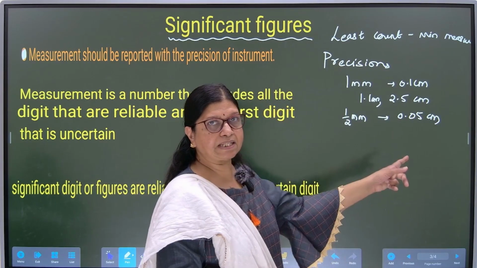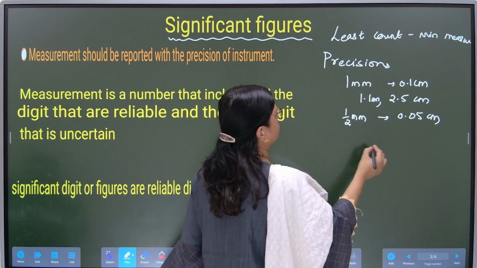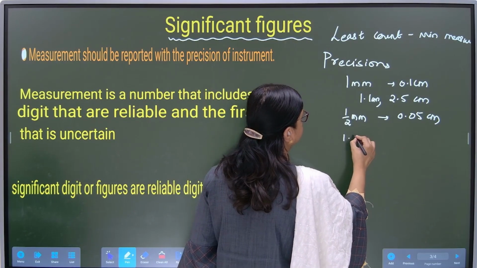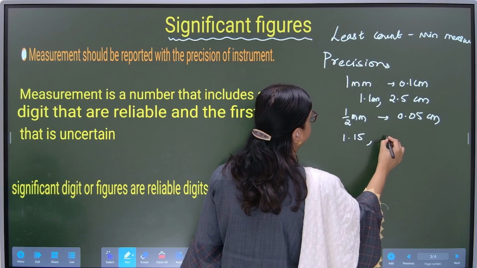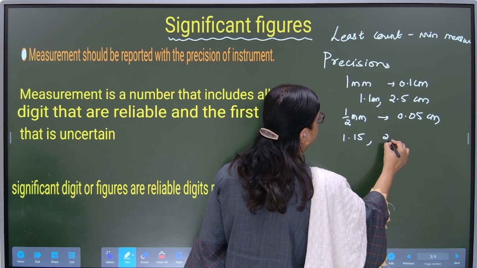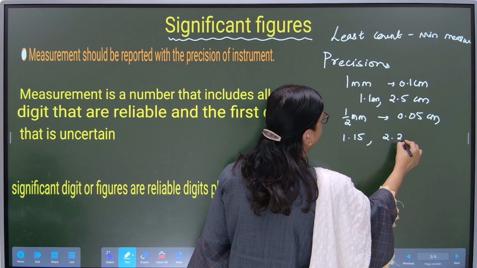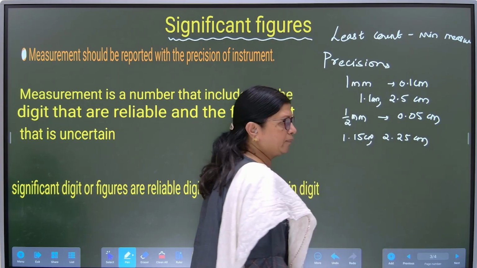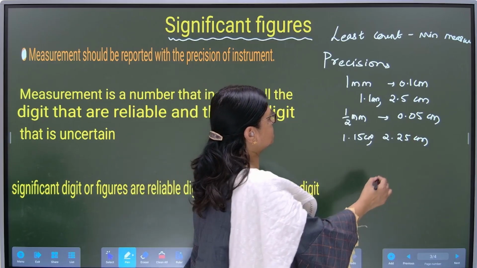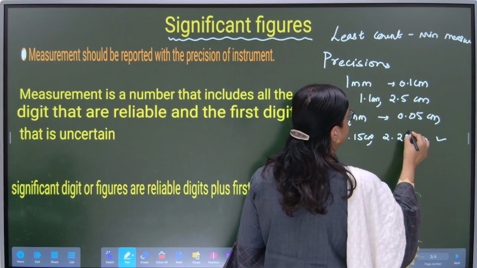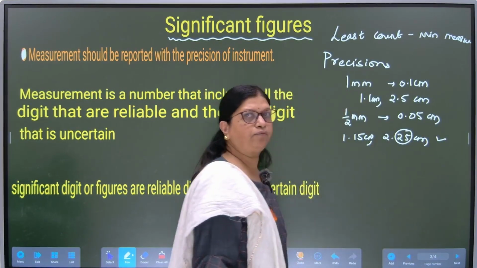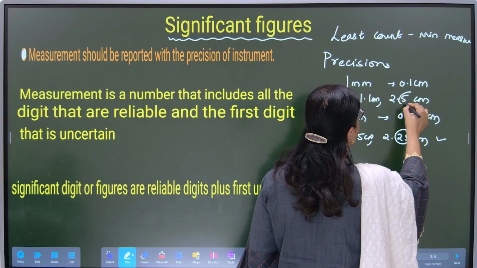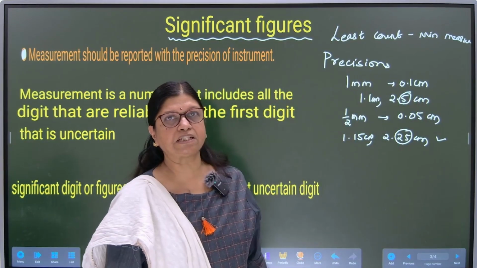So with this scale, I can measure say 1.15, 2.25 of a centimeter and so on. That means in this kind of a scale, I can measure up to 2 digits after the decimal point, and in this kind of a scale, I can measure up to 1 digit after the decimal point.